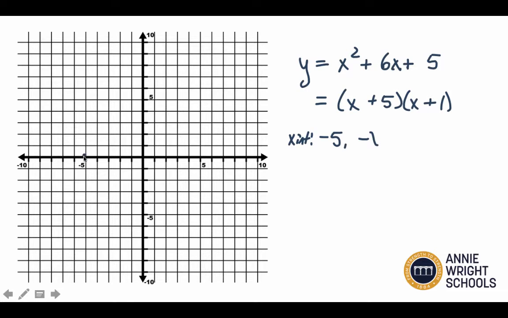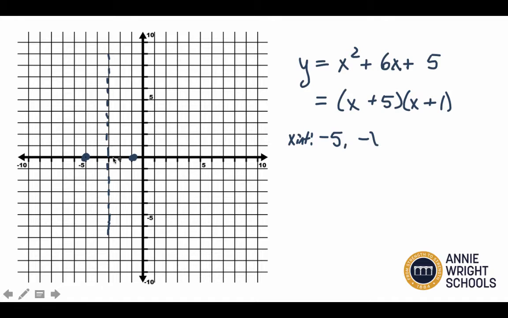And if I graph the x-intercepts of negative 5 and negative 1, what I know is halfway between those values at negative 3, I have the axis of symmetry. I know it's the axis of symmetry because those 2 points are aligned horizontally, and all points on a parabola have that symmetry.